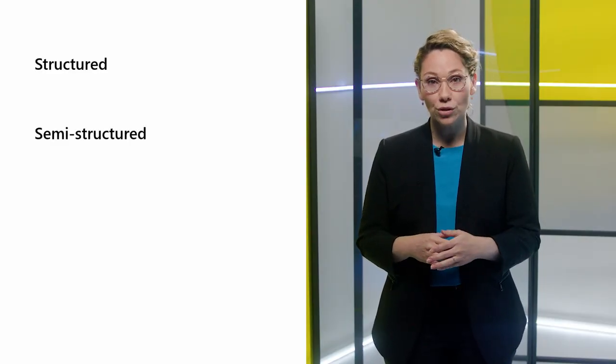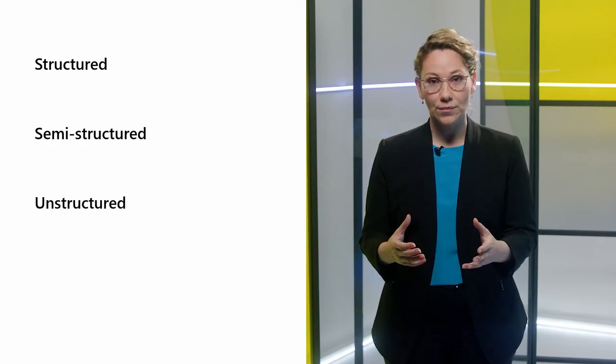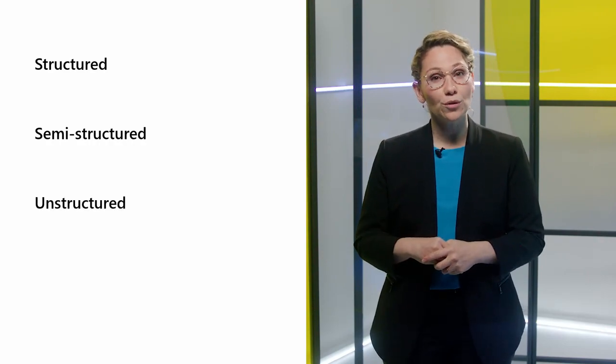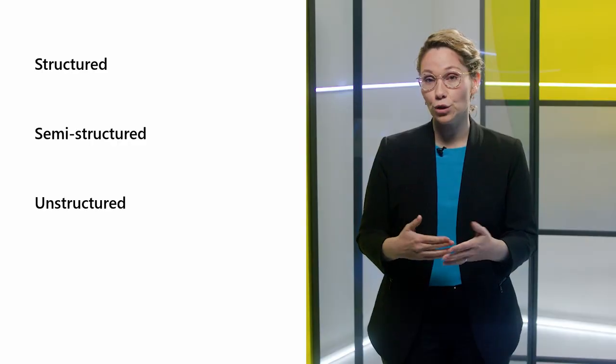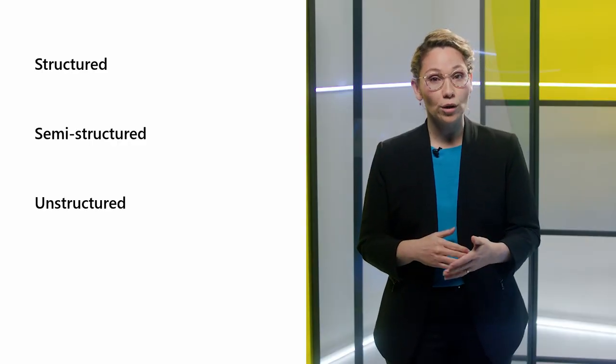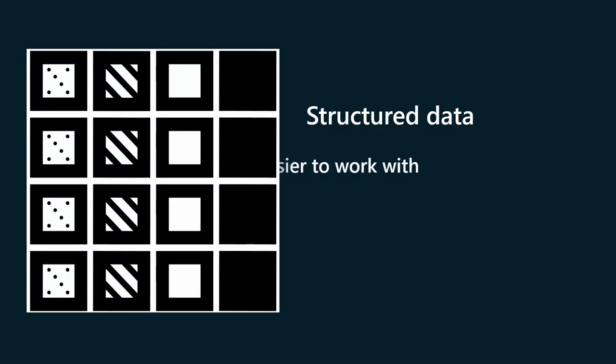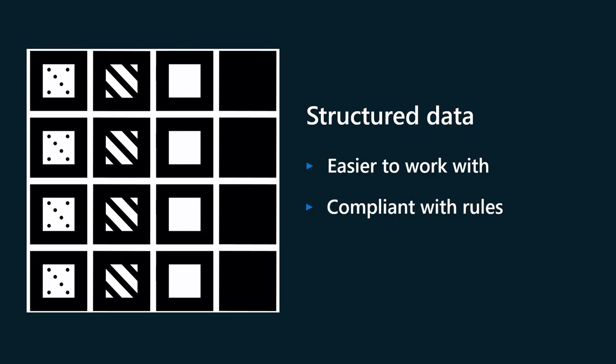By this point in the course, you should know that data is classified into three main groups called structured, semi-structured, and unstructured data. Each data group is suitable for analysis but may require different tools to ingest, transform, and store. You can say that data coming from sources that you define as structured data is more ideal to work with and compliant with the rules, since these sources are systems that have strict rules and prioritize data integrity.